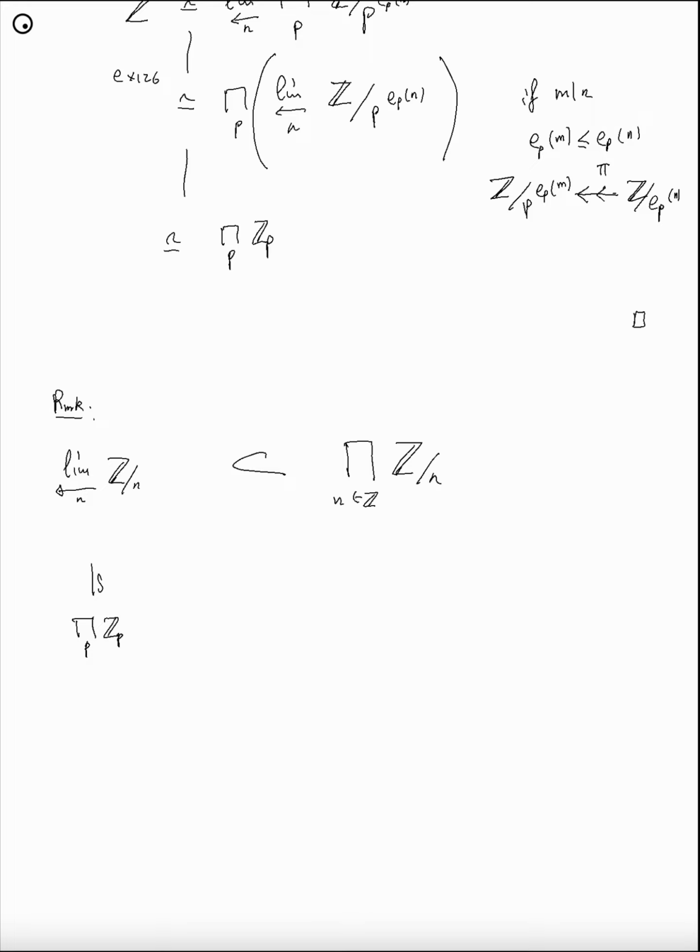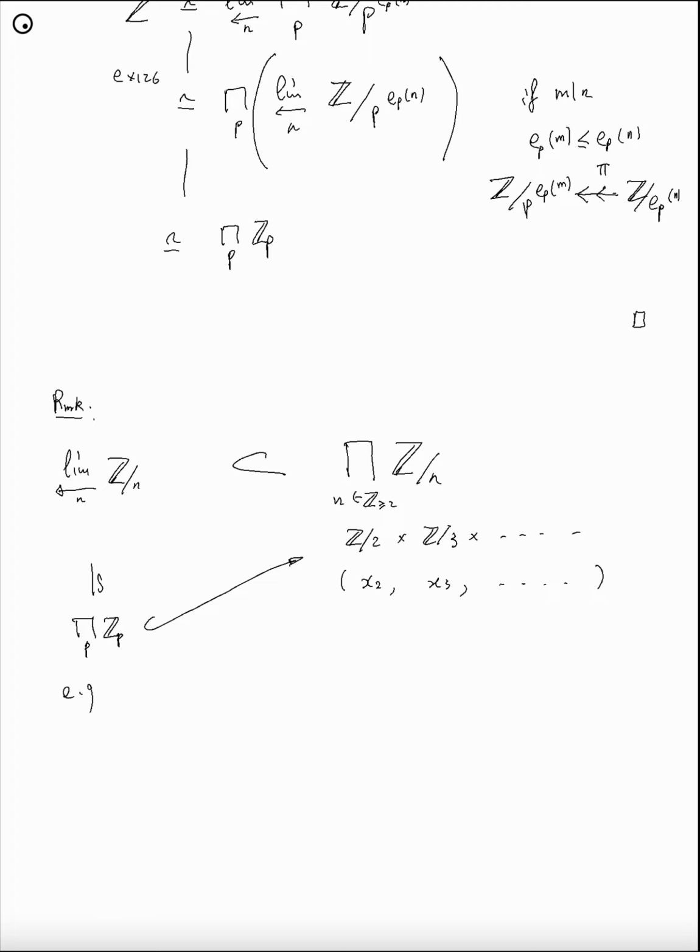I'd rather say n bigger or equal than 2, and so an element can be written as a tuple x_2, x_3, and so on. I just want to connect these two things, how to embed this there.